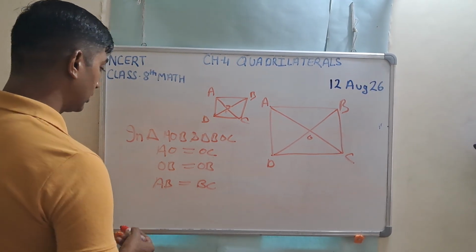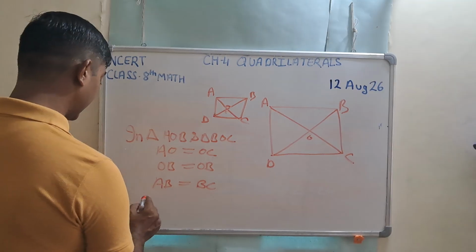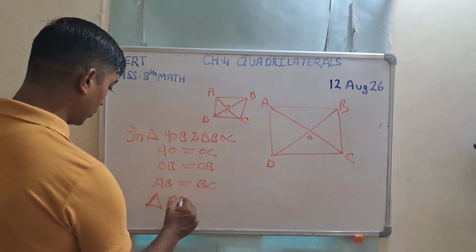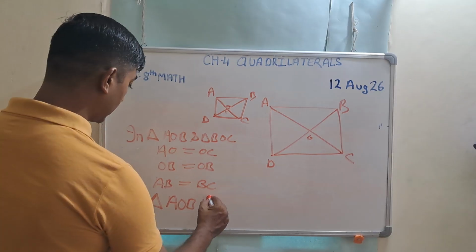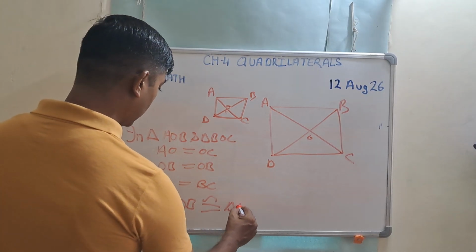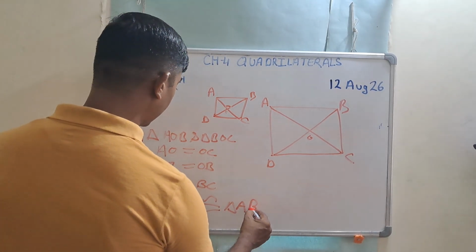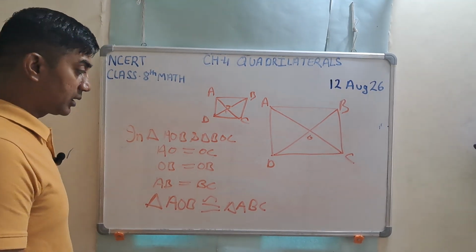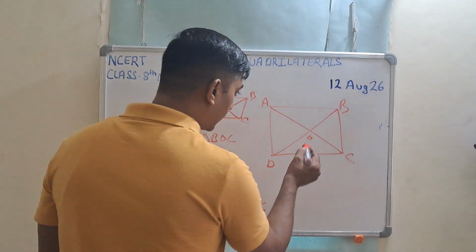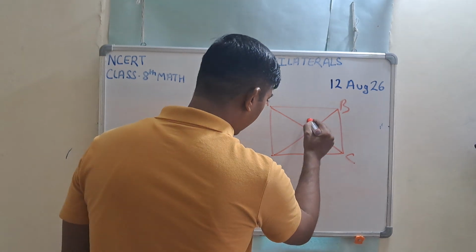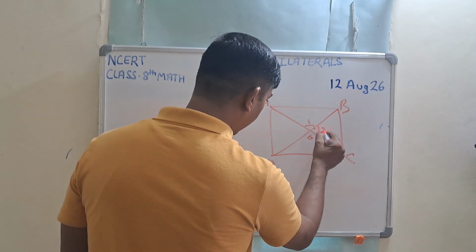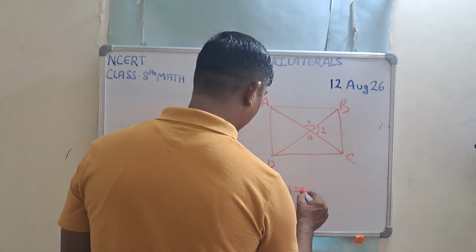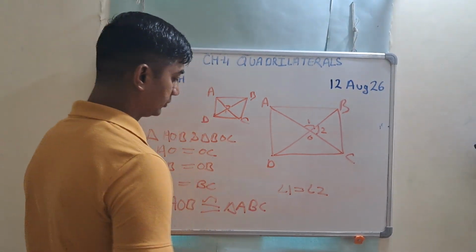What we conclude is that both triangles are congruent, meaning triangle AOB is congruent to triangle COB. By corresponding parts of the congruent triangles, if we name this angle as 1 and this angle as 2, we conclude that angle 1 is equal to angle 2.